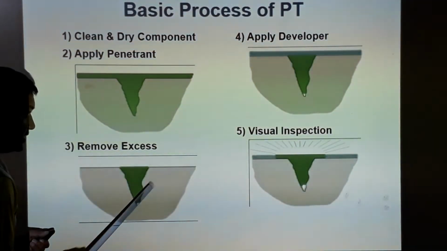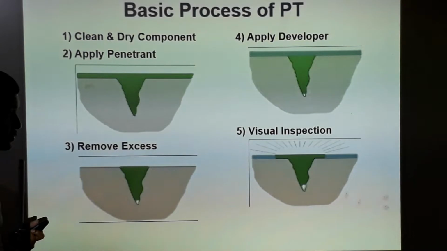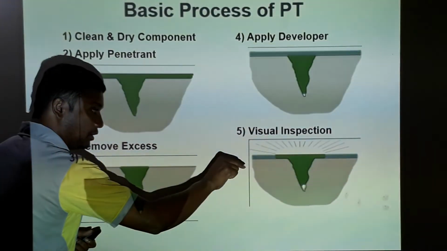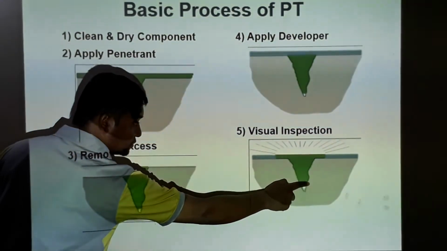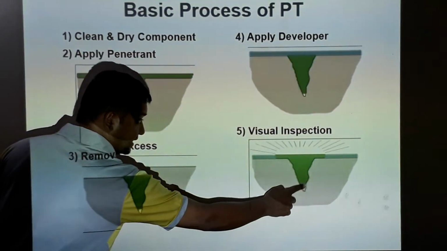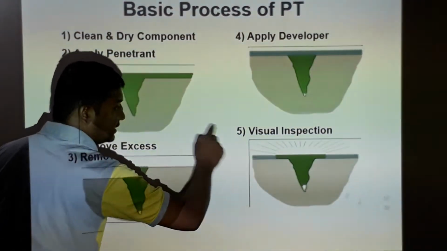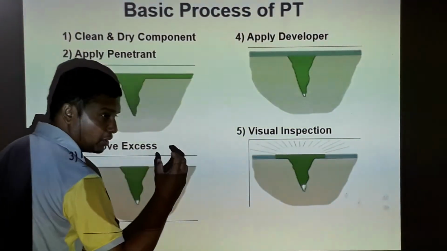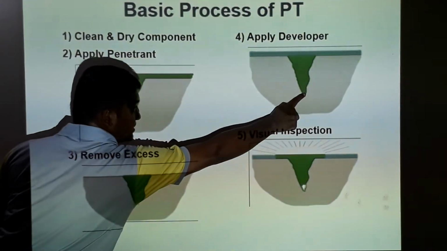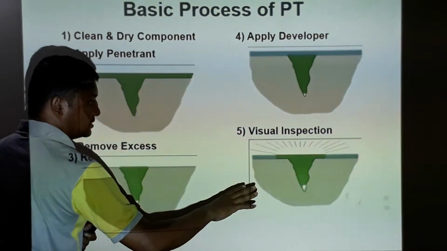Now you see this void is getting much larger due to the blotting action of the developer imparted upon the penetrant, and this much penetrant will be blotted by the developer, and this amount of penetrant will go above the crack surface for the indications. When you spread the developer, when the blotting action happens, some penetrant from this part of the defect will go upwards due to reverse capillary action.